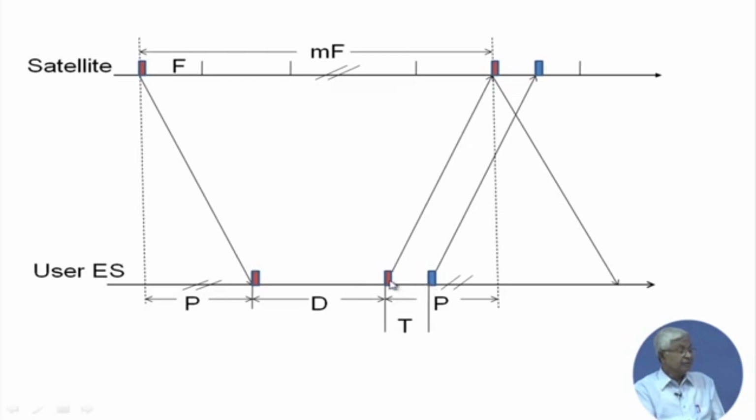If you transmit with respect to that reference burst, you will reach the satellite with the propagation delay after the reference burst. So, if this is m times the frame, which your imaginary reference station will reach the satellite exactly at the reference station reception, at the satellite, it is the other reference station that is transmitting.